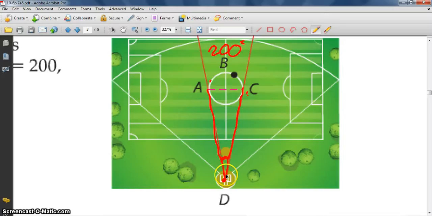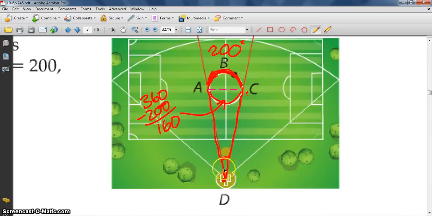It's outside of the circle. So when it's outside of the circle, that means you want to take half of the difference of the two arcs inside of that angle. So we have this arc and we have this arc. We're given this arc is 200. Subtract that from 360 and you'll get what this arc is. So 360 minus 200 is 160.